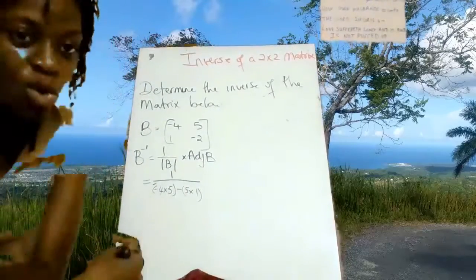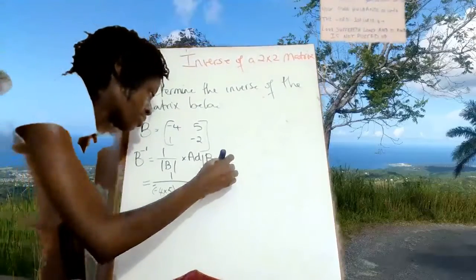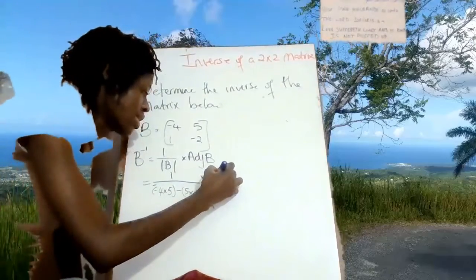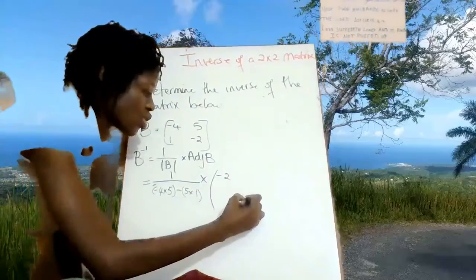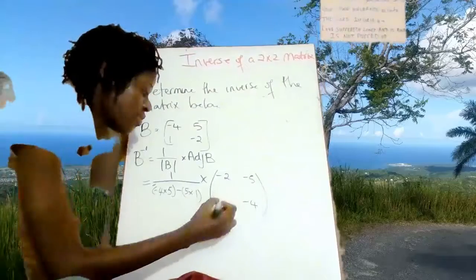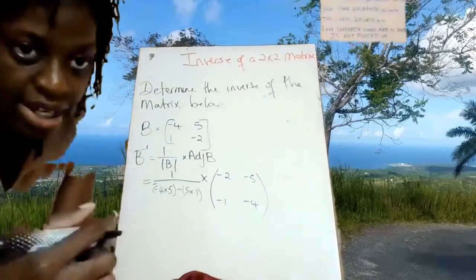Right, so that's 1 over the determinant times adjoint. And adjoint is when you interchange the leading elements, so -2 goes where your -4 was, etc. And change the sign of the non-leading. And then you can simplify in the next line.